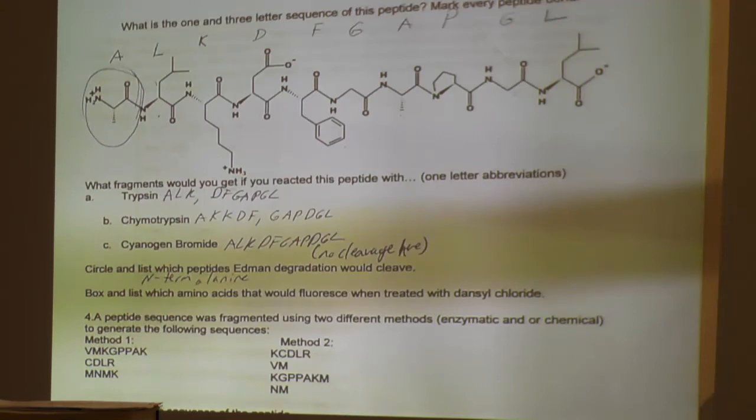Okay. And then which amino acids would fluoresce when treated with dansyl chloride? What does dansyl chloride like? Okay, so which ones would it react with and attach a fluorescent group to?